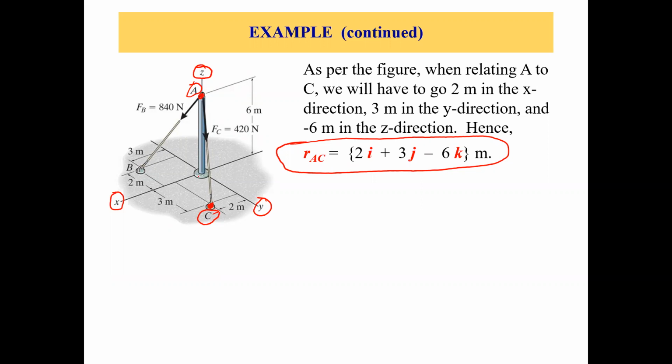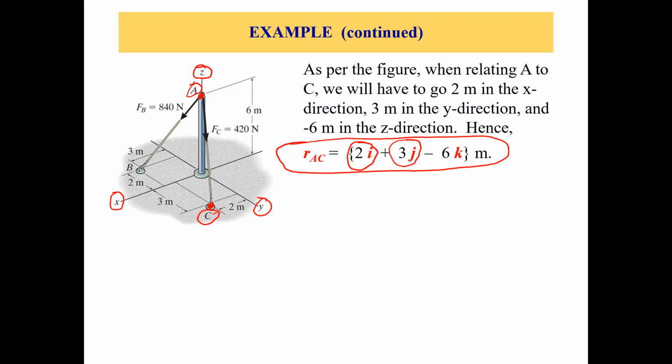So X C minus X A gives 2 times I. Then for the Y coordinate, we'll do Y C minus Y A. What is Y C here? Y C is 3 meters, and Y A is 0. So 3 minus 0, we get 3 times J.